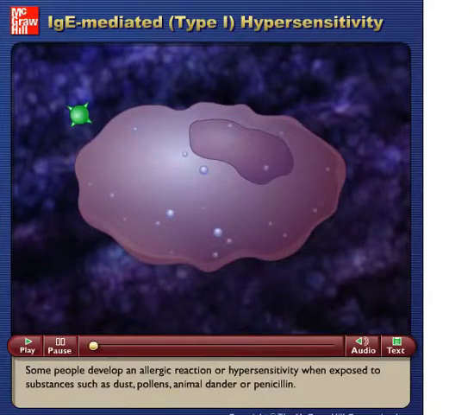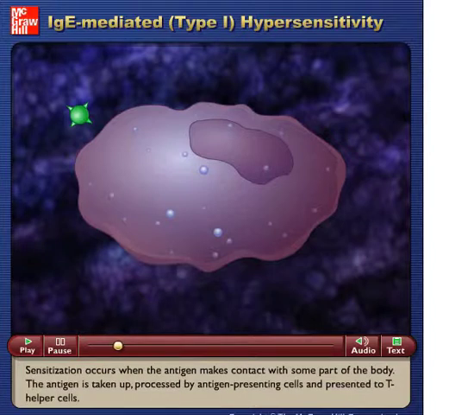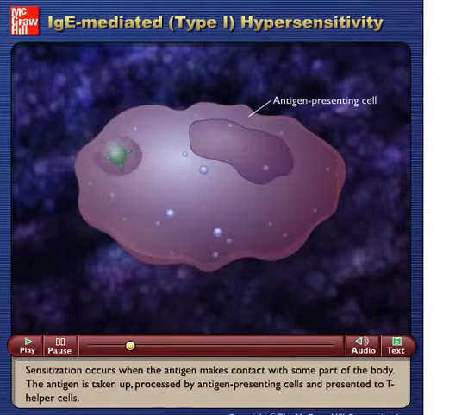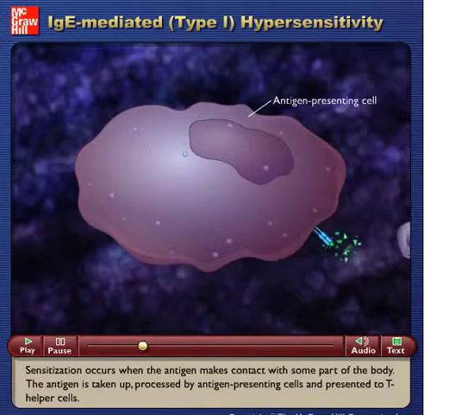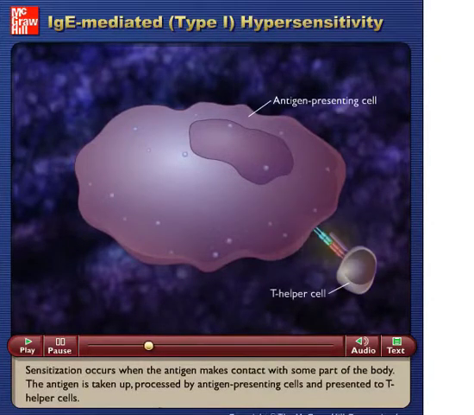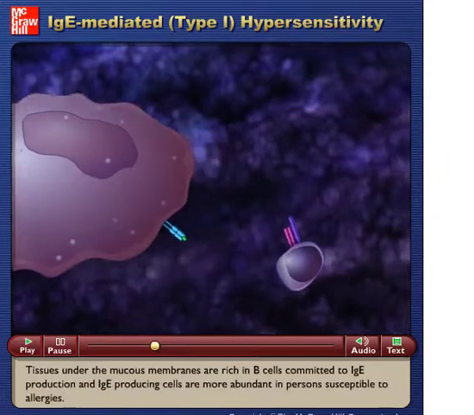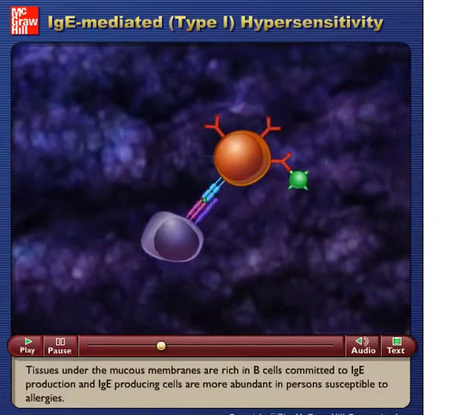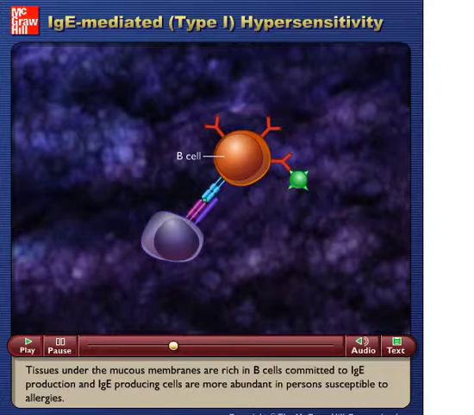Some people develop an allergic reaction or hypersensitivity when exposed to substances such as dust, pollens, animal dander, or penicillin. Sensitization occurs when the antigen makes contact with some part of the body. The antigen is taken up, processed by antigen-presenting cells, and presented to T helper cells. Tissues under the mucous membranes are rich in B cells committed to IgE production, and IgE-producing cells are more abundant in persons susceptible to allergies.